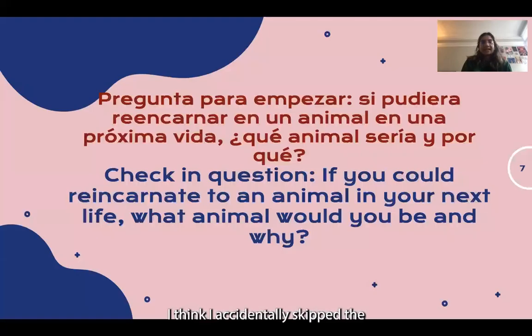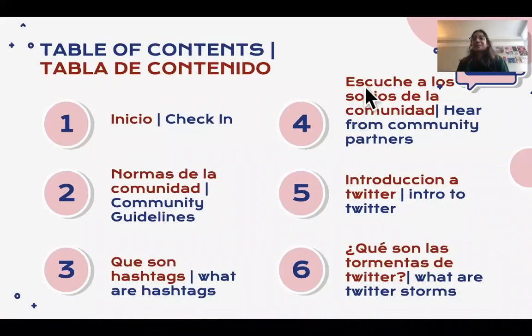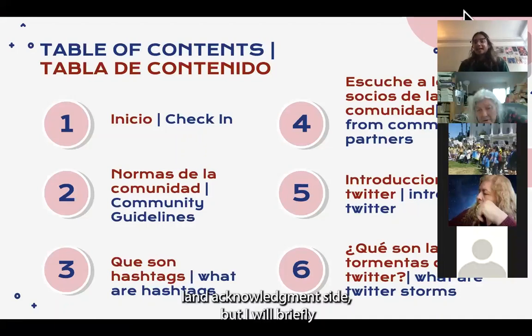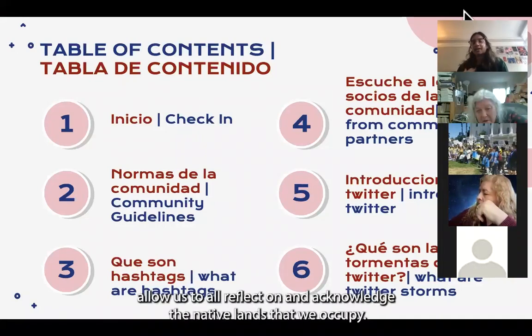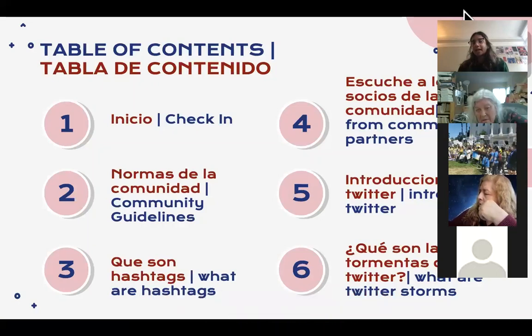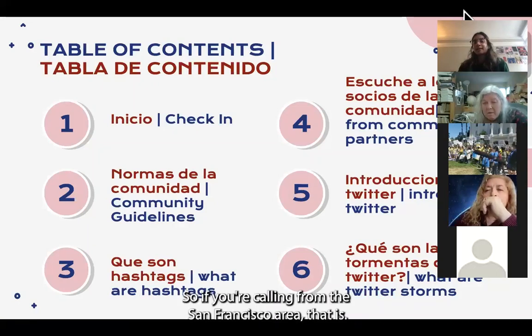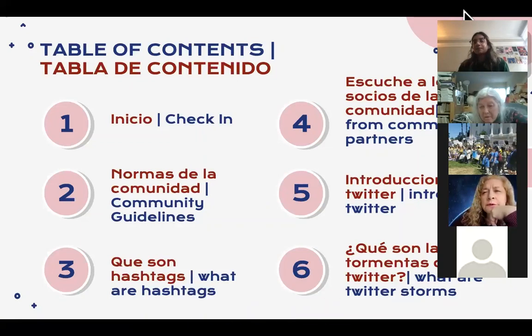I think I accidentally skipped the land acknowledgement slide, but I will briefly allow us to all reflect on and acknowledge the native lands that we occupy. If you're calling from the San Francisco area, that is Ramaytush Ohlone territory.